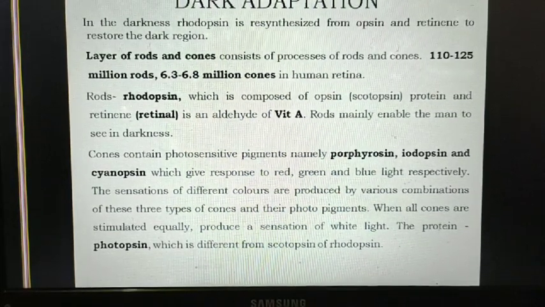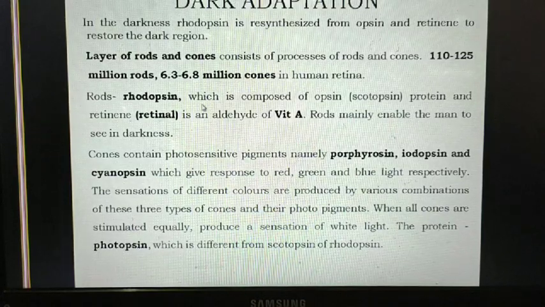This we have discussed before in the layers of the retina. A layer of rods and cones consists of processes of rods and cones, and in human beings there are about 110 to 125 million rods and 6.3 to 6.8 million cones.